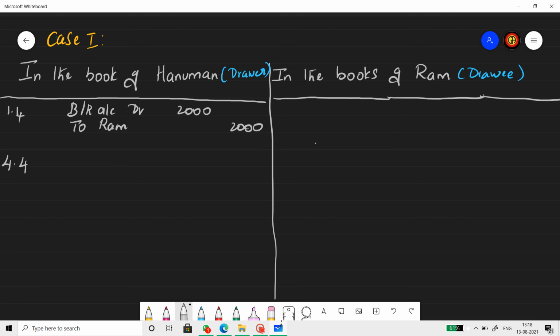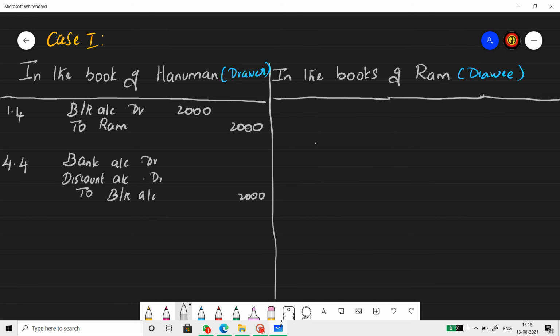Hanuman discounts the bill. So bank account debit, discount account debit, to Bills Receivable account. The bill amount is 2000. Discounting charges is 6% per annum.